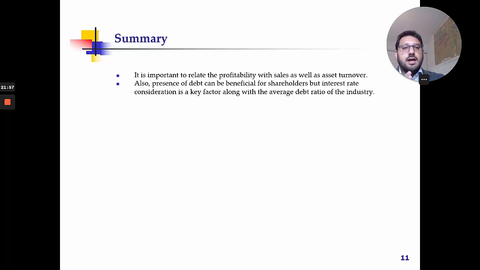So having debt in the capital structure is very important, but there is an optimal level of that debt, and that level is usually set by the industry. I have given an example and I'm repeating it over here.